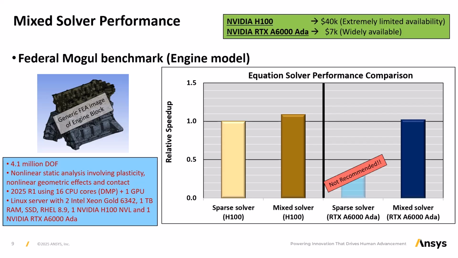However, on the right, you can see the RTX A6000 Ada, which is a workstation class card, and there the sparse solver ran significantly slower since it requires full double precision calculations, which these workstation GPUs do not offer. Meanwhile, the mixed solver effectively uses the high single precision compute rate on the RTX A6000 Ada card, resulting in a fully accurate solution that is equivalently fast as the direct solver, but on a more affordable workstation card.